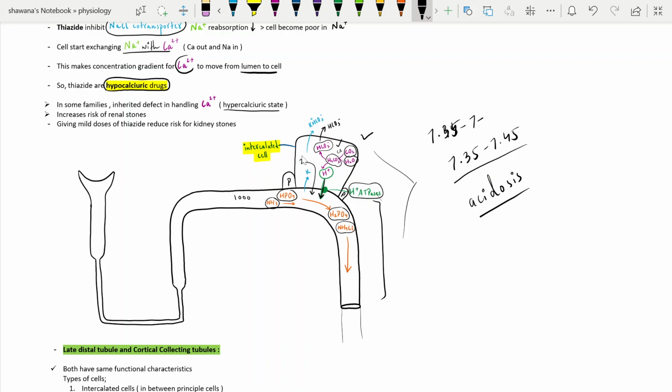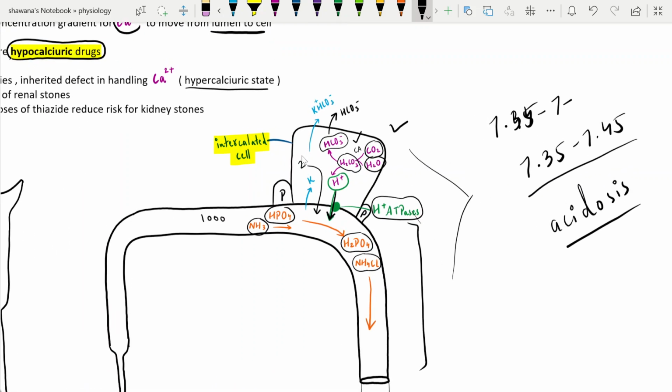So carbonic anhydrase will start to make more bicarbonate. From where? Carbon dioxide and water will combine to form carbonic acid, and this carbonic acid will dissociate to form bicarbonate, which is eventually released into the interstitium, and along the blood it can move into our circulatory system.